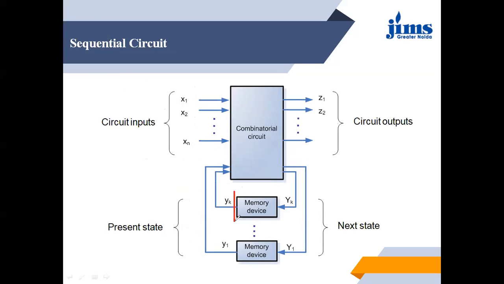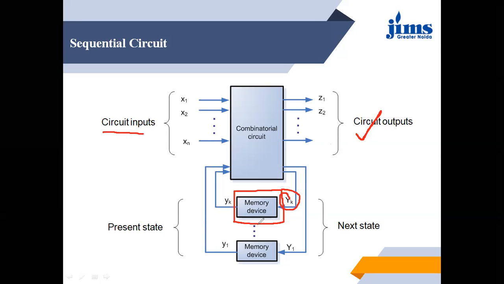And what is the need of memory? The need of memory is that the next output of the circuit is based on the last output and the current input. This is the reason that we want a memory device for the sequential circuit.